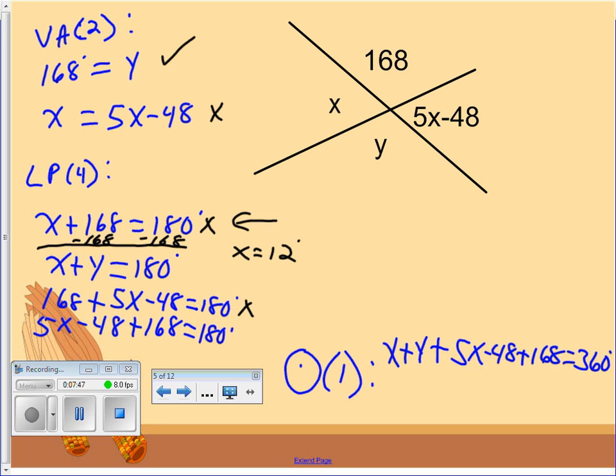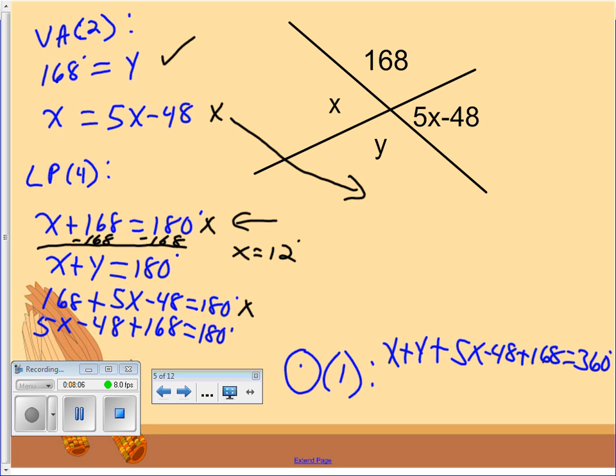Now, it shouldn't matter which equation you choose. They will all give you y equals 168 and x is equal to 12. So if you want to try, how about we try this one here to solve for x.